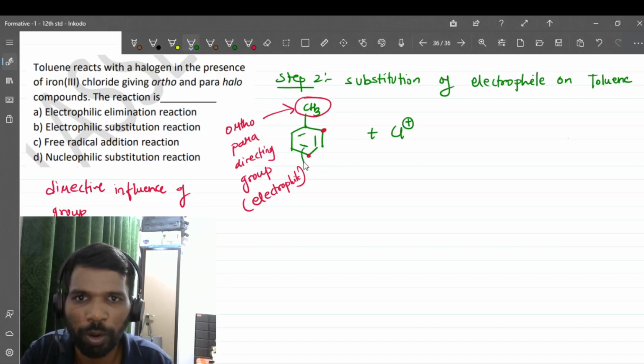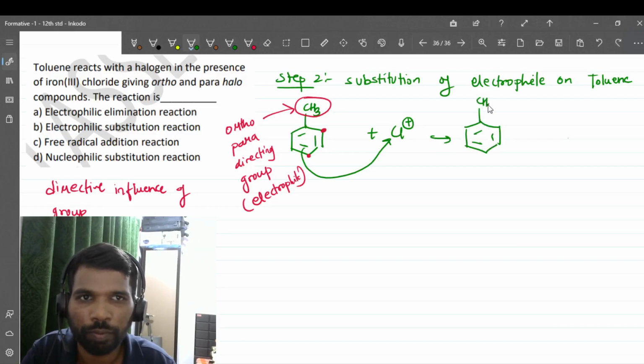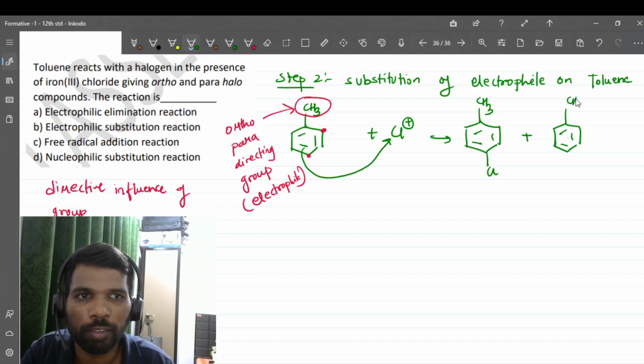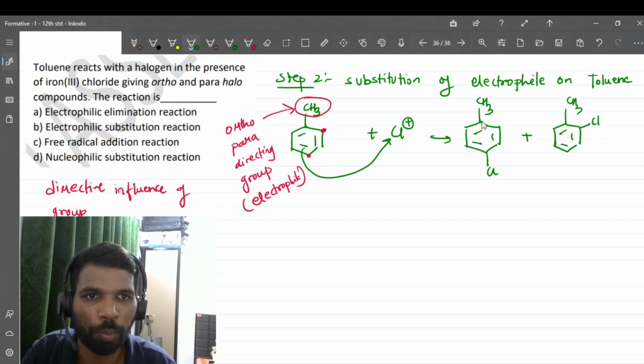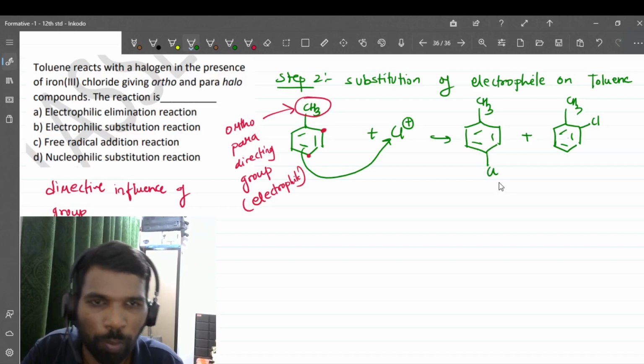The major product is this, Cl. And the minor product is this. This is minor: a lot of repulsion, less stability. Here, repulsion is less, more stability.